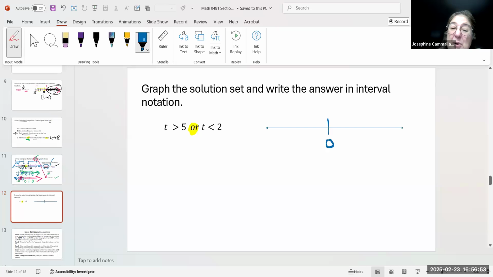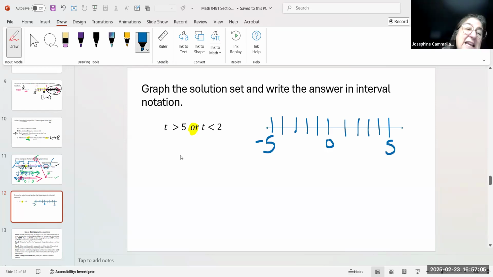Okay, 1, 2, 3, 4, 5. 1, 2, 3, 4, 5. This is -5. This is +5. Now, in pink, I'm going to put a dot here, and I'm going in this direction. That's the way the arrow's pointing.